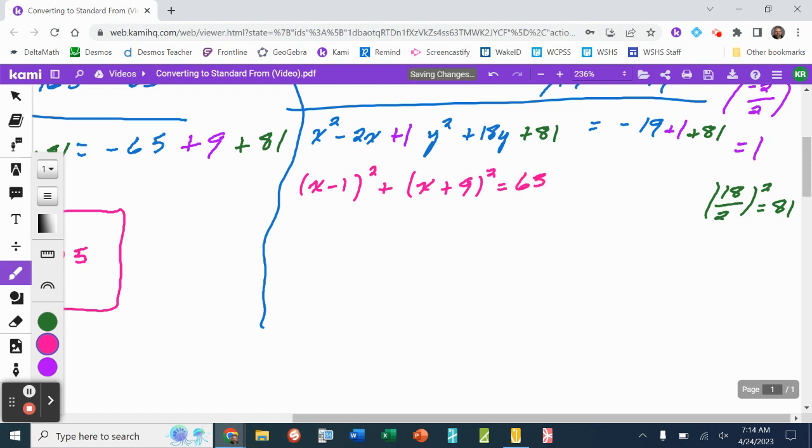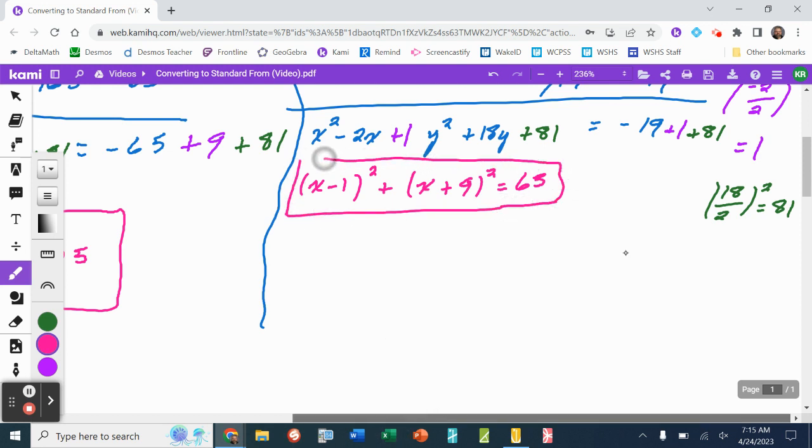And so the center of this thing will be at 1, -9, and it will have a radius of the square root of 63. Probably need to simplify that, and I believe it's going to be 3 times the square root of 7. But that's going to be our standard form for the equation of that circle.